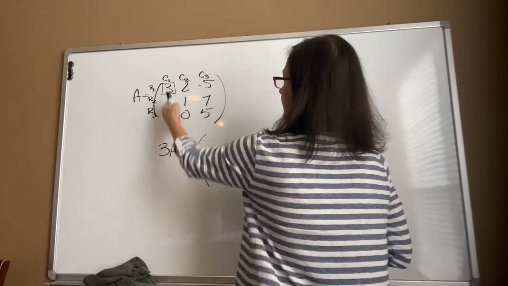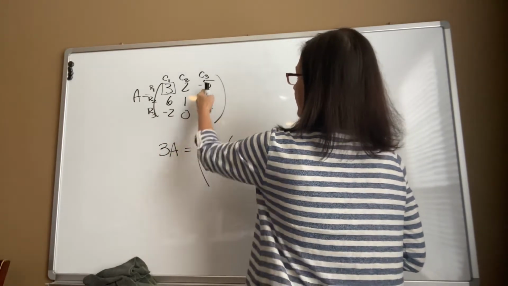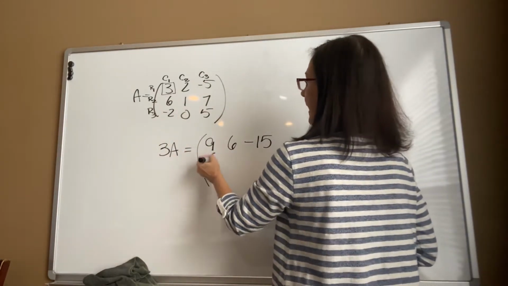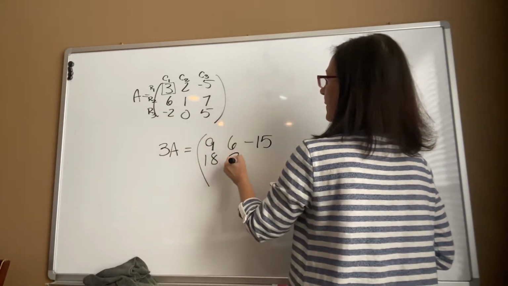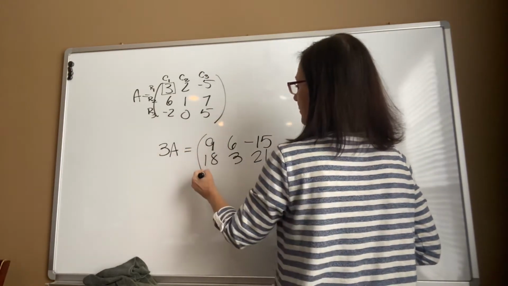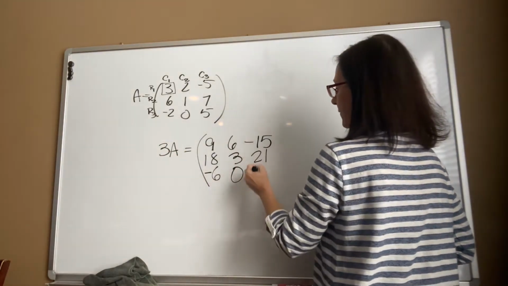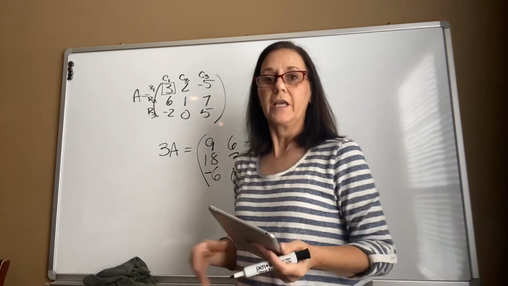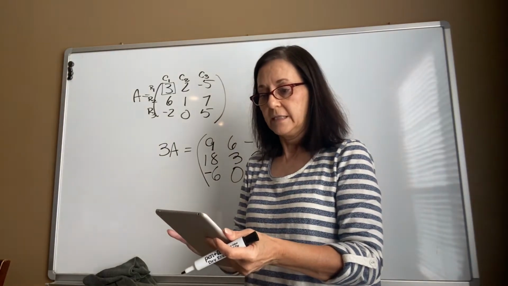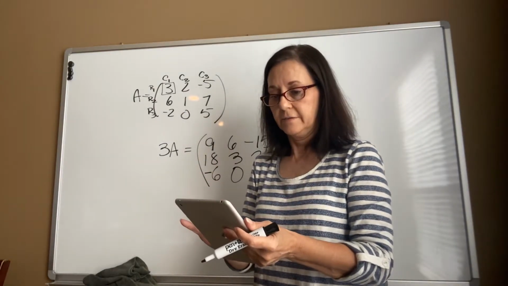So I take 3 times 3 is 9. 3 times 2, 6. 3 times negative 5, negative 15. 3 times 6, 18. 3 times 1, 3. 3 times 7, 21. 3 times negative 2, negative 6, 3 times 0, 0, 3 times 5, 15. So scalar multiplication can be used with any dimension matrix. It doesn't matter, right?